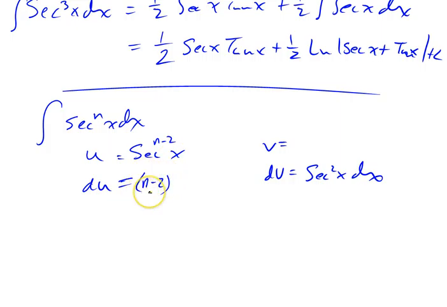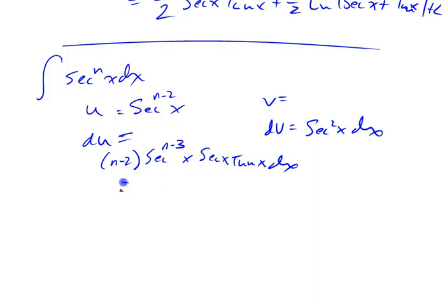I'm going to stick this down a little bit lower here. n minus 2 times secant to the n minus 3 power x times the derivative of what's inside, which is a secant of x. So the derivative of that is secant x tan x dx.